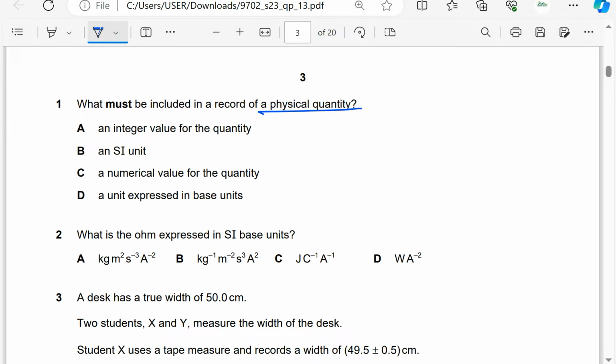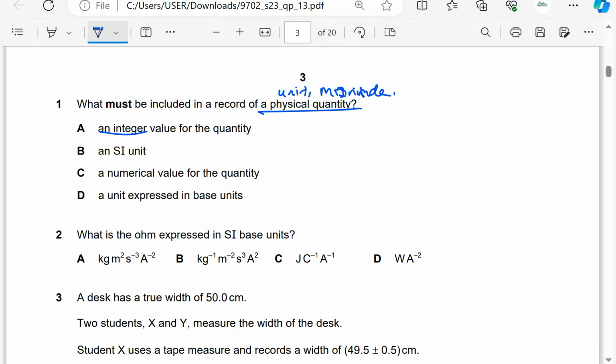Of course, a physical quantity must have a unit, whether it is assigned or not, and should have a magnitude, whether it is a scalar quantity or vector quantity. So let's see, it should have an integer value for the quantity.